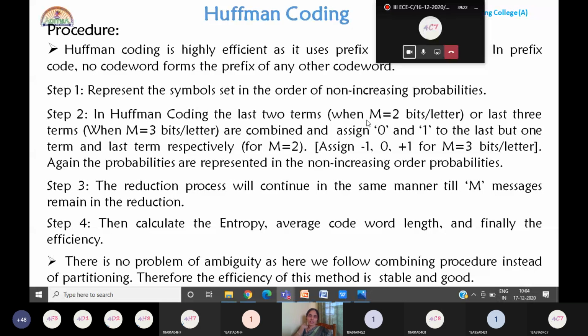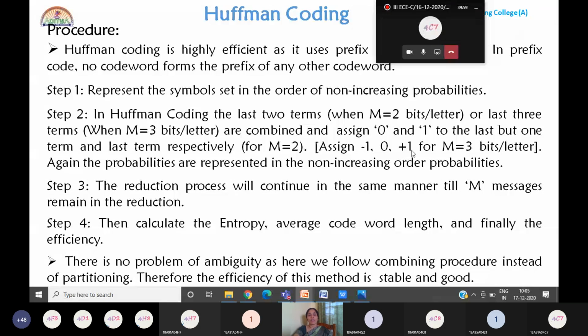If the last two terms are combined, we'll assign 0 to the last but one term and 1 to the last term respectively. For example, if M is 3, combining factor is 3, then assign -1 to the last but two term, 0 to the last but one term and 1 to the last term.